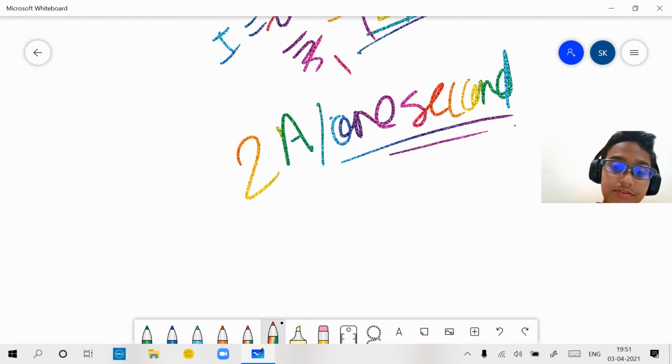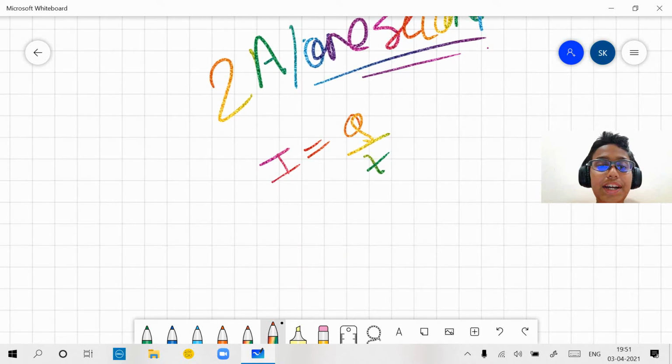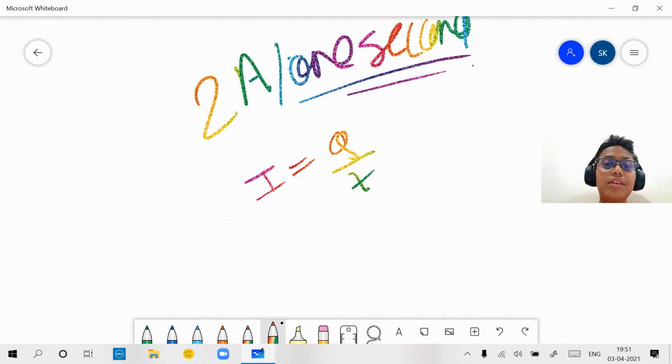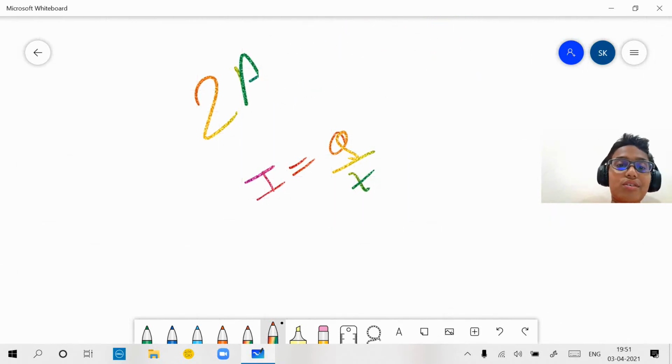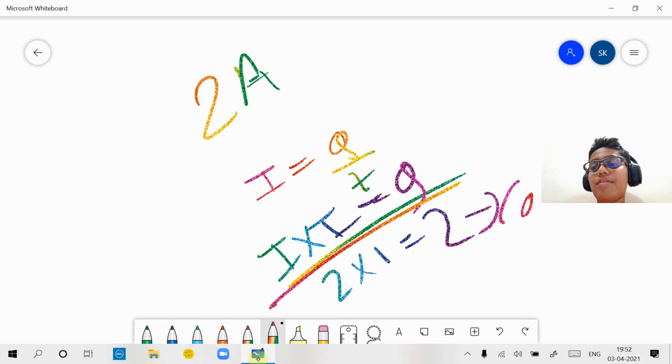As I equals Q by T, so I into T equals Q. So 2 into 1 equals 2 coulomb.